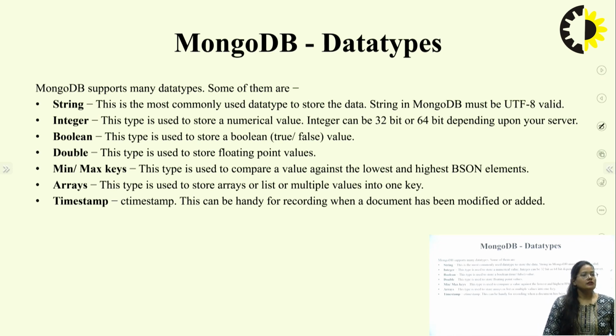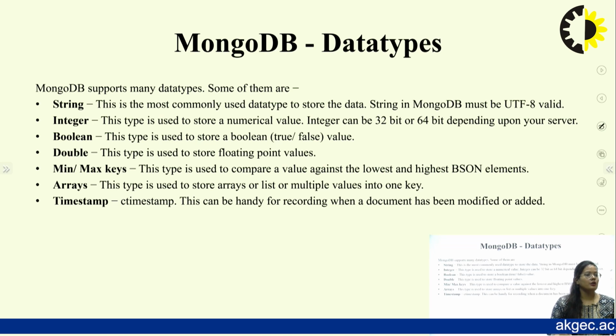Min/max key is used to compare a value against the lowest and highest elements. Array is used to store an array or list of multiple values into one key. Timestamp can be handy for recording when a document has been modified or added.